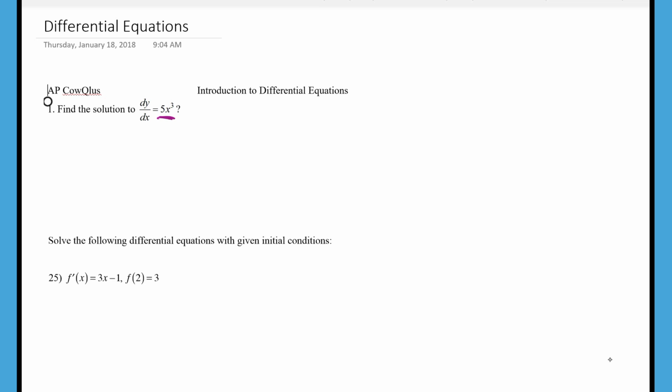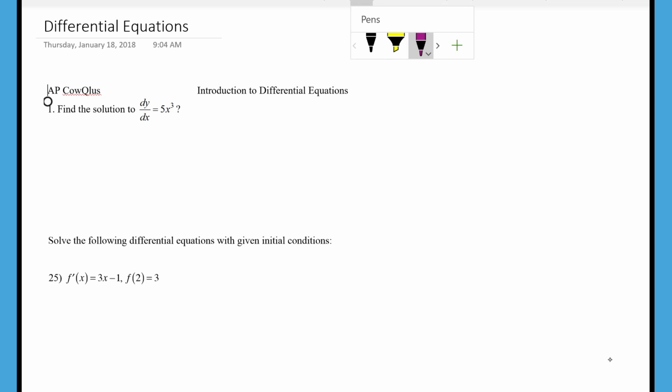Many times when we're asked to find the y, they'll say find the solution to this. All of these words mean that I just want to find the y that, if you take the derivative of it, you get 5x cubed. We've been doing this a little bit informally, so we're going to get a little bit more formal with this.